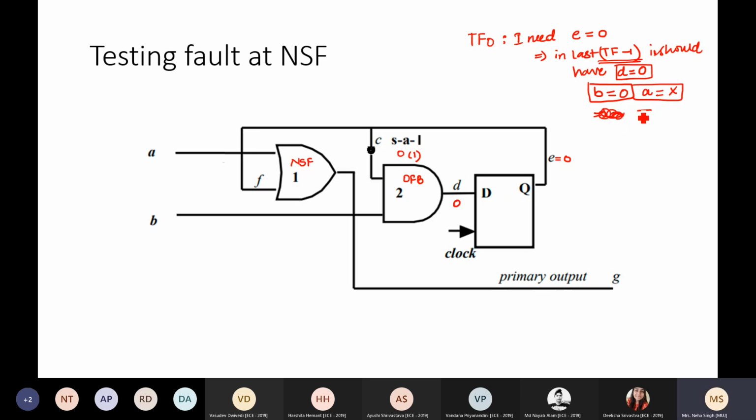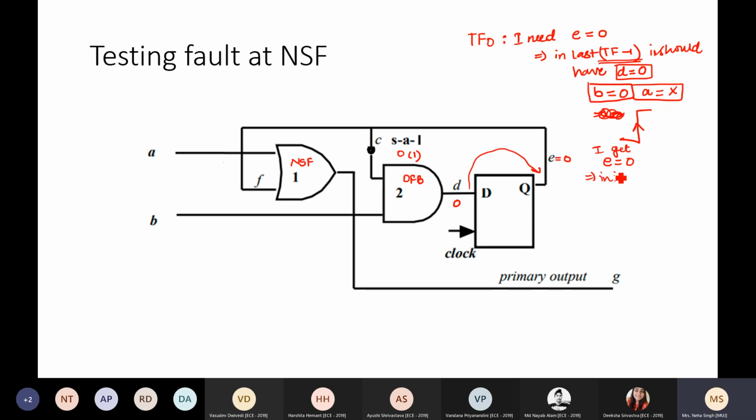Now I apply a clock edge. It means I entered the next time frame, right? So now in the next time frame, this value of D gets propagated to E. So now I get E equal to 0 after the clock edge.